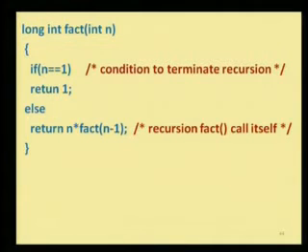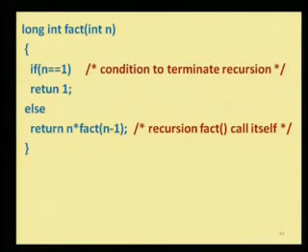If n equals 1, that is the condition to terminate the recursion: return 1. If the value of n equals 1, then the factorial of 1 is obviously 1. Then it will not execute further, it will return 1, else it returns n into fact of n minus 1.